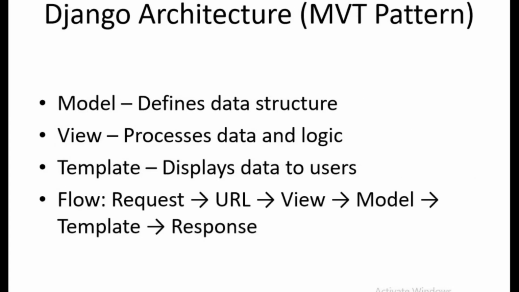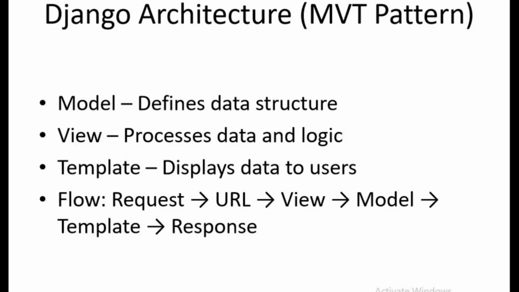All right, so Django architecture, the MVT pattern, as I earlier said. MVT stands for Model, View, Template. Model defines the data structure. Every database has data, and the data has a structure, like the tables. You need to define your tables and define your rows.